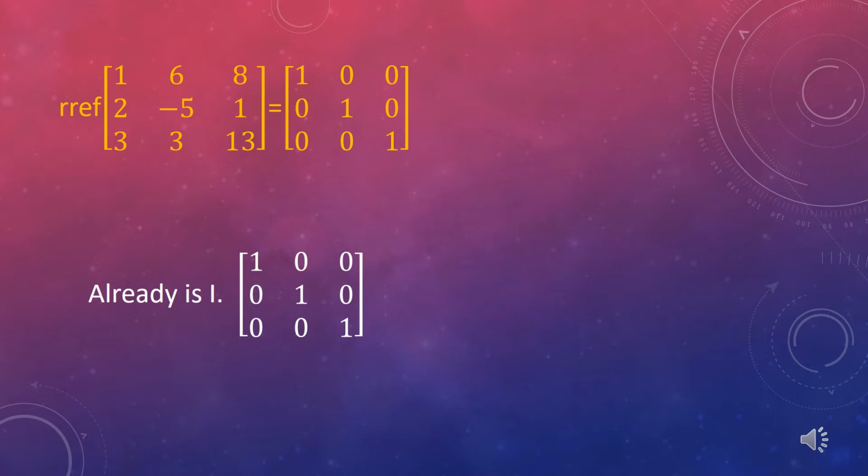So the three vectors we had, (1, 2, 3), (6, -5, 3), (8, 1, 13), when you RREF that set of three vectors, you get the identity matrix, meaning all three of those are pivot columns, thus all three of them are independent.